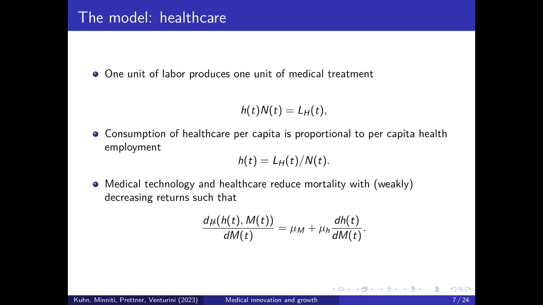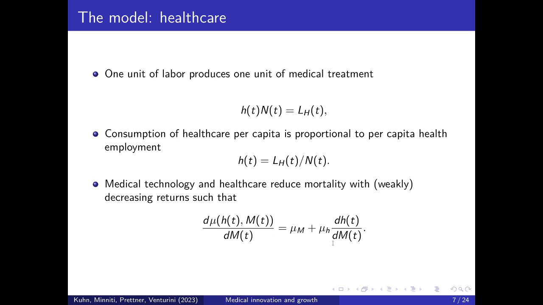And then we assume that medical technology and healthcare both reduce the mortality rate mu, but with weakly decreasing returns. So here we have that medical progress reduces the mortality rate through a direct effect, that is mortality reducing. If there's medical progress and the state of knowledge in the medical sector is increasing, then this reduces the mortality rate.